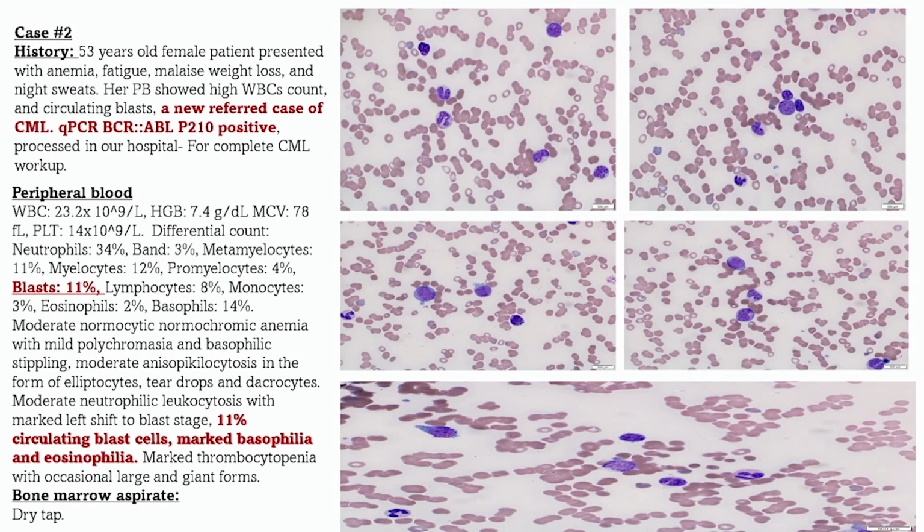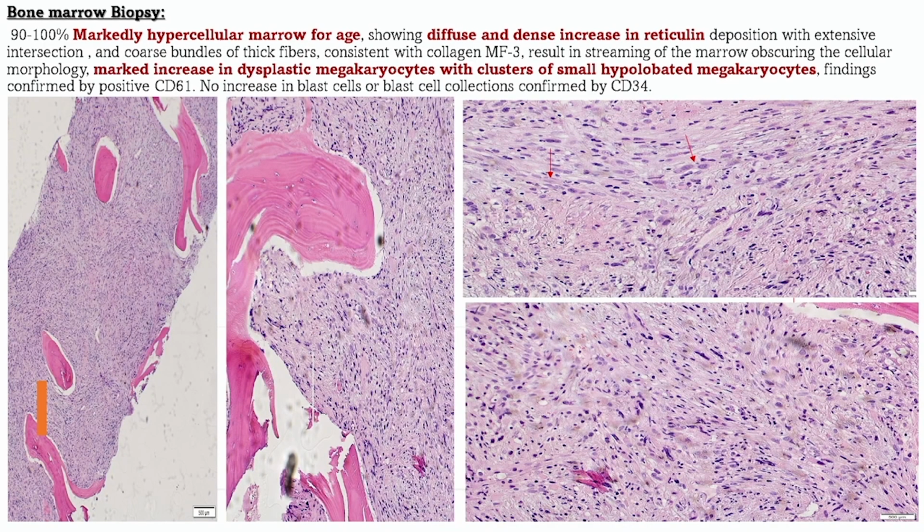The second case is again a myeloid CML case, again presented to our hospital with a positive BCR-ABL PCR for complete workup. You can see there is almost 11% blast, and again with shifted maturation, eosinophilia and basophilia. On doing the bone marrow biopsy, the aspirate was low cellular. As you can see here, the bone marrow biopsy is completely hypocellular with streaming.